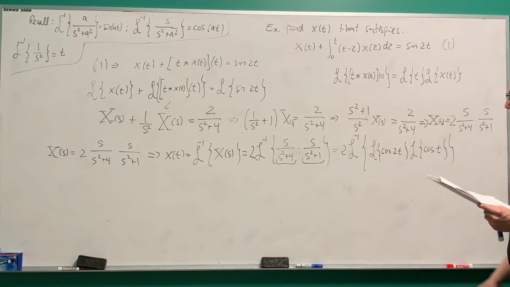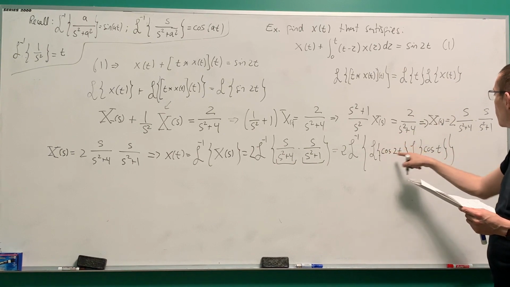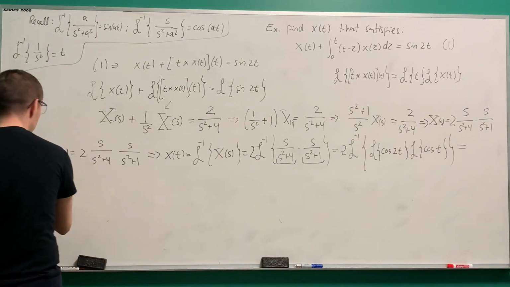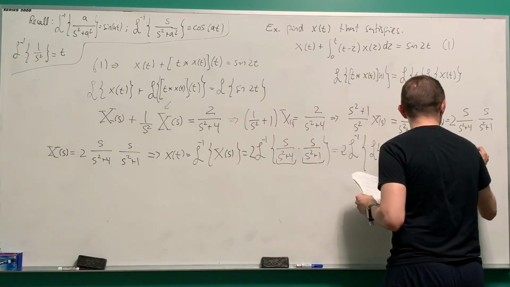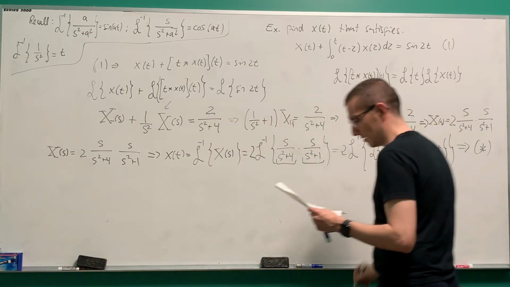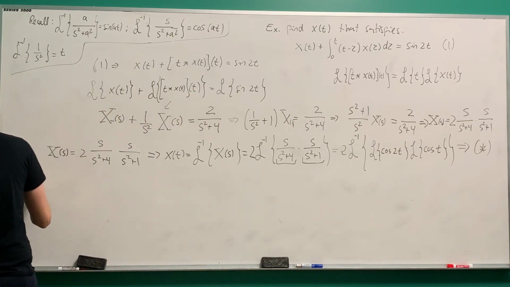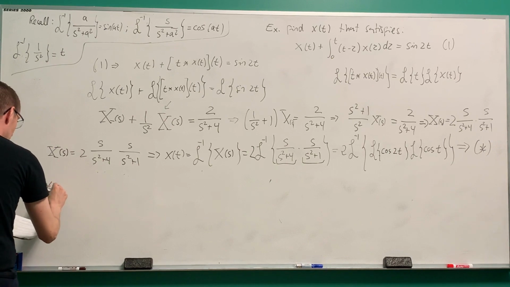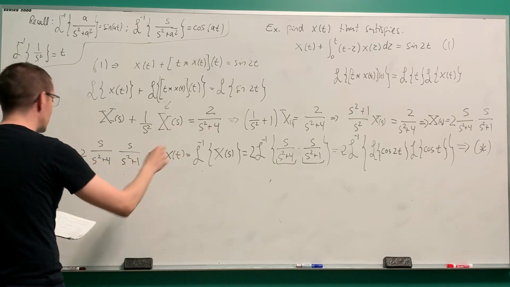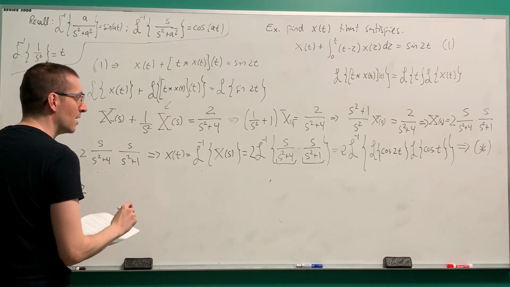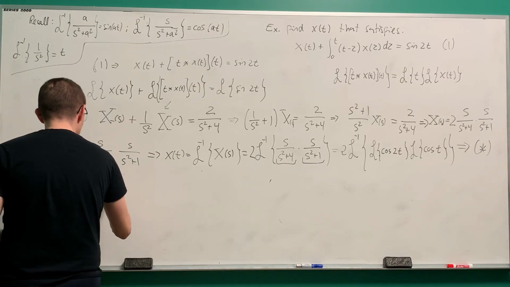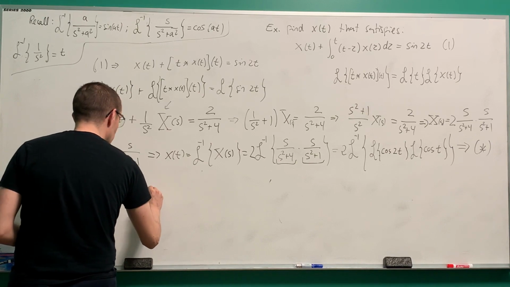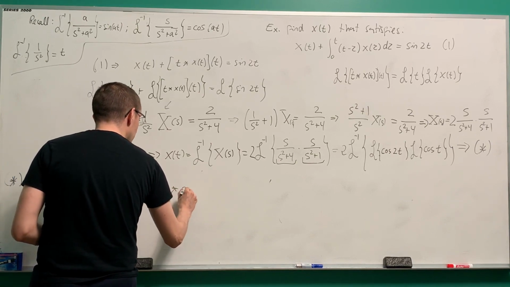Wonderful. So that means that I have the inverse Laplace of the product of two Laplaces, but I can use the convolution theorem to say, well, maybe write an arrow, wormhole, and then an incoming wormhole and an arrow, and that means that x of t now is equal to twice the inverse Laplace transform of the Laplace transform of the convolution of the cosine of 2t and the cosine of t.